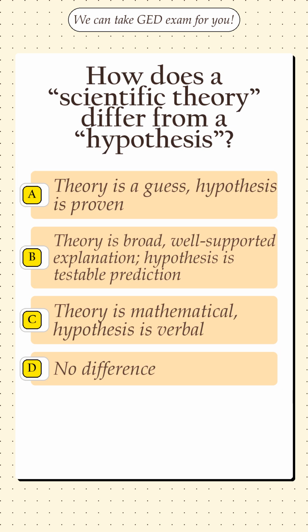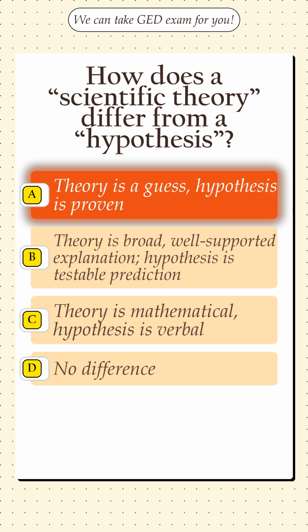Question 9. How does a scientific theory differ from a hypothesis? Option A, theory is a guess, hypothesis is proven. Option B, theory is broad, well-supported explanation, hypothesis is testable prediction. Option C, theory is mathematical, hypothesis is verbal. Option D, no difference.